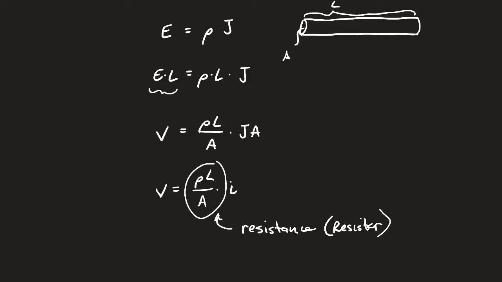We talked about this last year a little bit. This is the theoretical explanation for what a resistor is. A resistor is a chunk of material that has a certain resistivity. L represents the length of that material. A is the cross-sectional area of that material. We'll define that as a resistor.